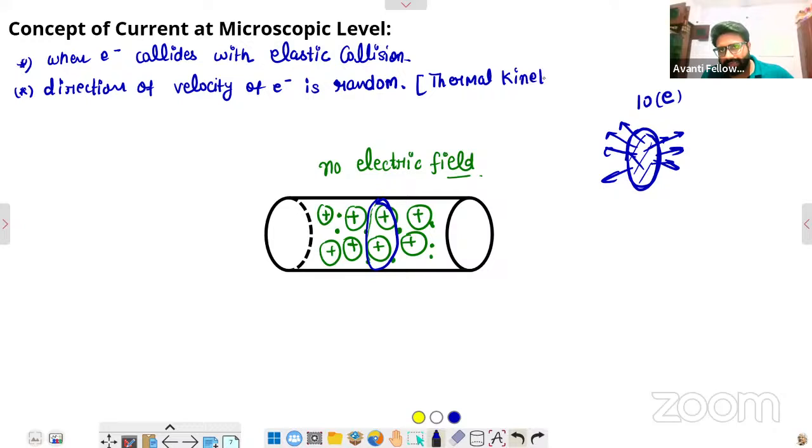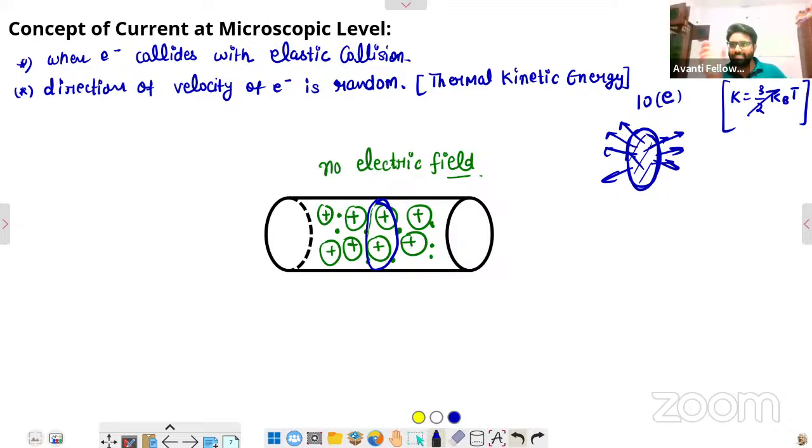Always remember, in 11th class you must have learned that the kinetic energy is given by 3/2 k_B T, where T is the absolute temperature. So suppose this particular conductor is kept at room temperature, it must have some thermal kinetic energy. Okay? So this very random motion of electrons is because of the thermal energy. Okay?